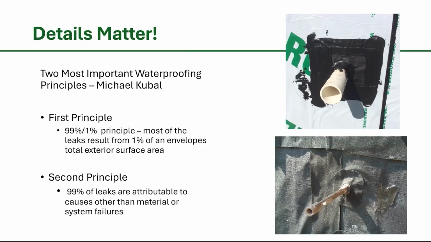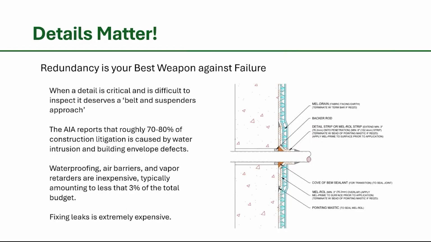And that is why we are going to always try and detail these things out with belt and suspenders. Here you can see a standard pipe penetration detail, a lot of detail in there, a lot of extra things, backer rod sealant, a finger flashing, an additional termination sealant, and then drainage mat over top of that.